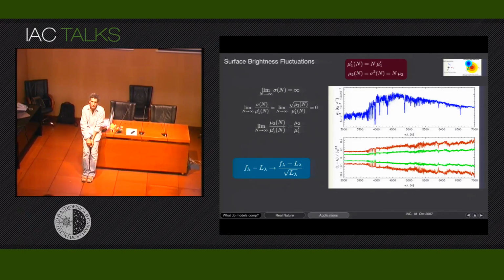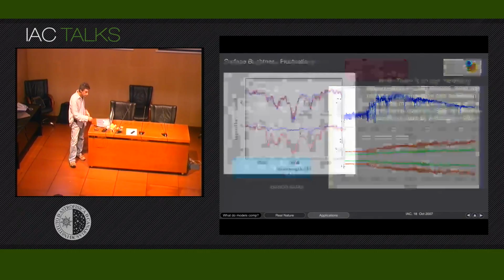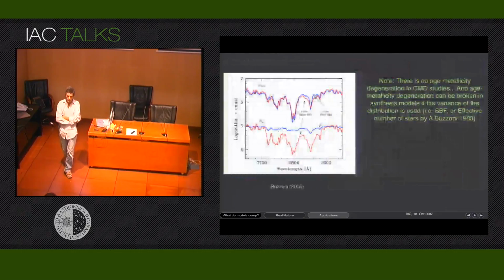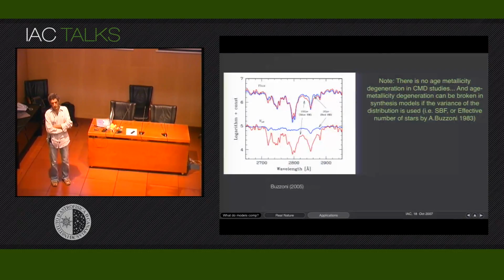Following on this, I find surface brightness fluctuations a good example. The most important thing here is the second order luminosity. Exactly, the brightest stars are the ones making the difference.